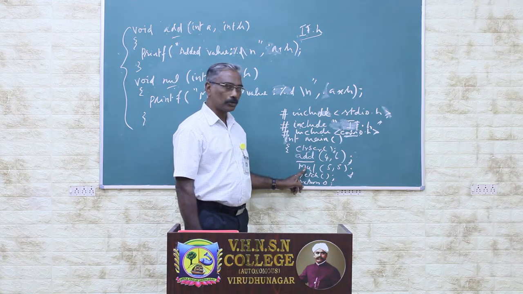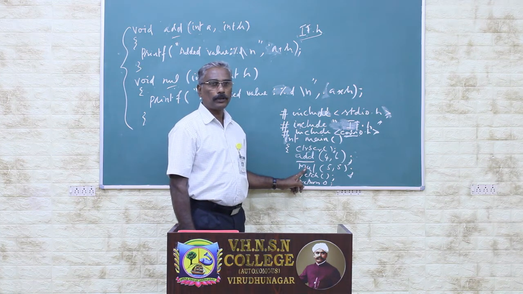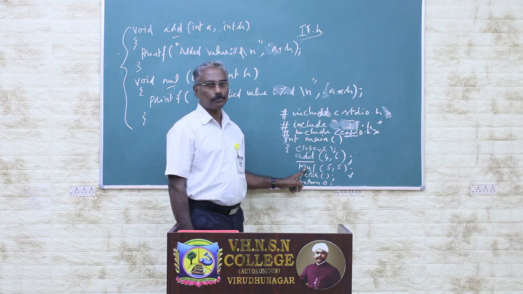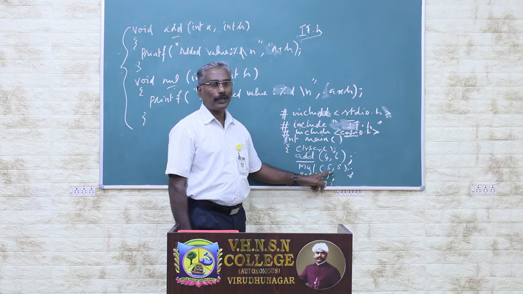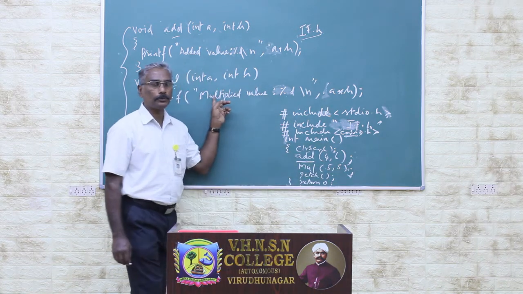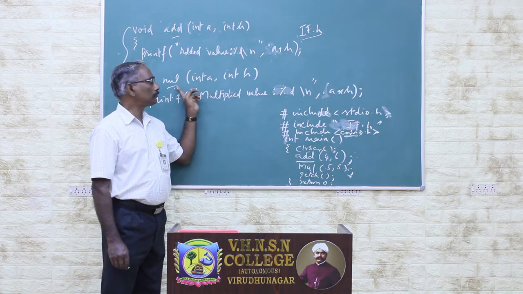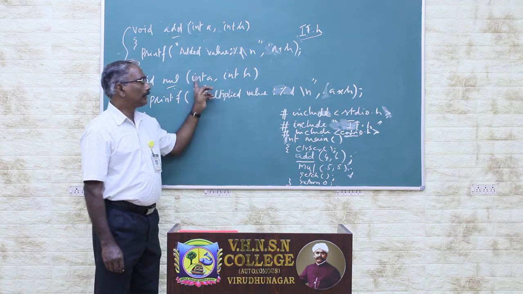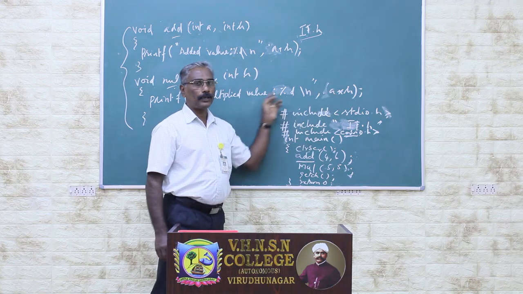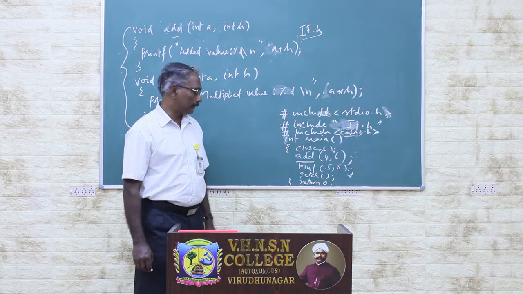Again, you call the next function, that is mul of 5, 5. These two values are again passed on to the second function, that is mul, into a comma b, and the result will be shown here.